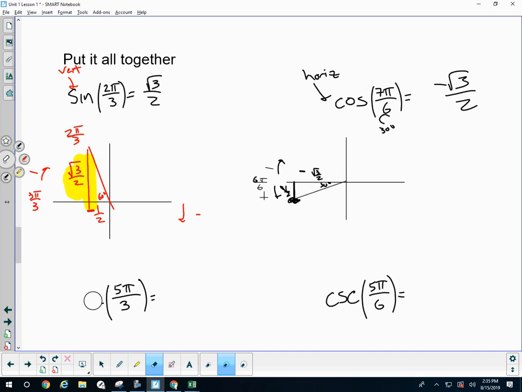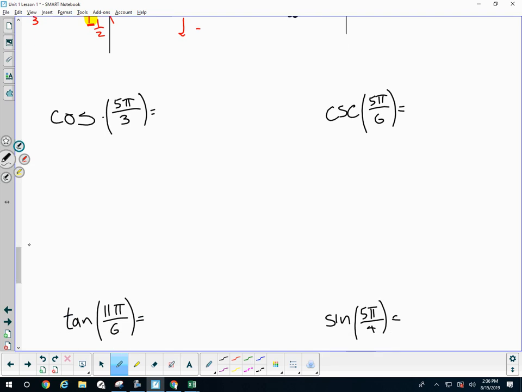Tell me first, what is the cosine of 5 pi over 3? Ready, set, go. Figure it out. I changed it from secant to cosine, and then we'll change it back to secant. I changed this problem from the secant of 5 pi over 3 to cosine 5 pi over 3.